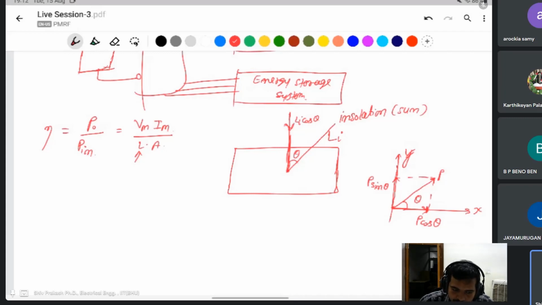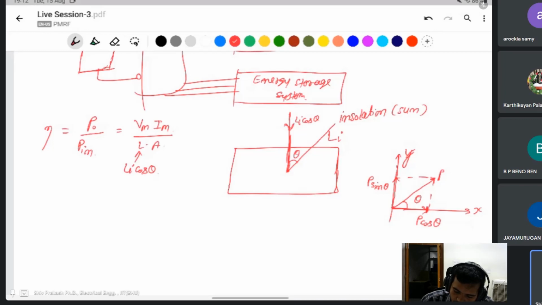Then L can be written as Li cos theta, depending on the incidence angle.